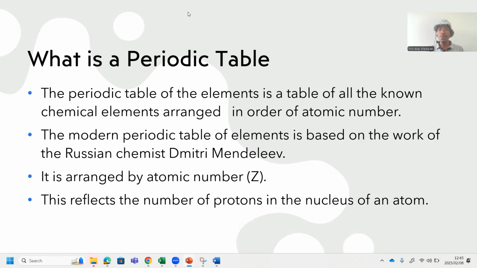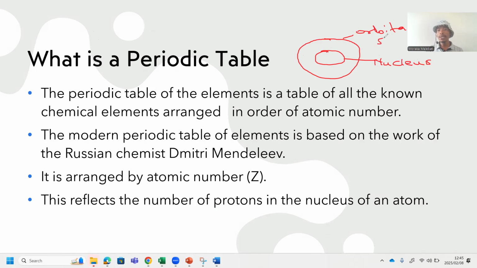So you would agree with me that an atom is the building block of matter, and the atom is divided into the nucleus and the orbital shells.